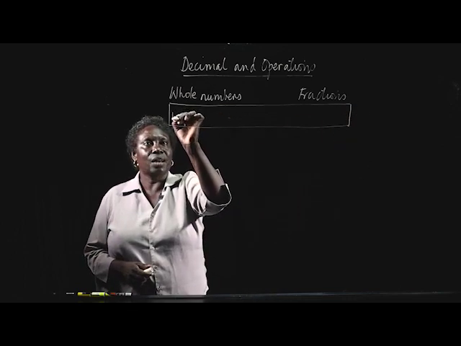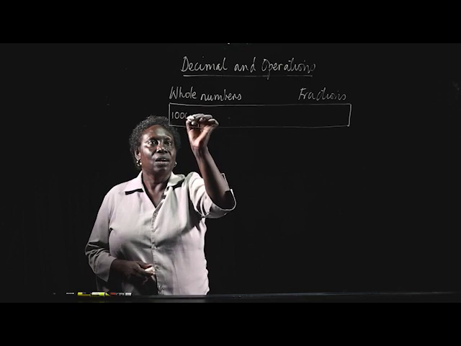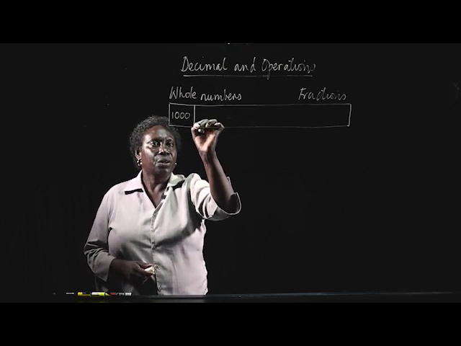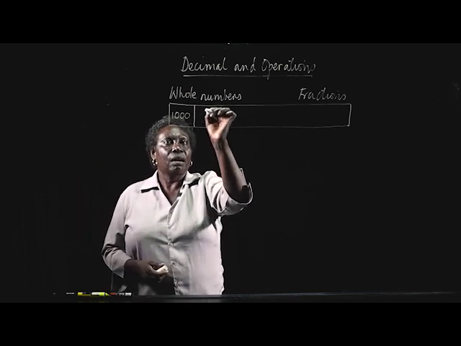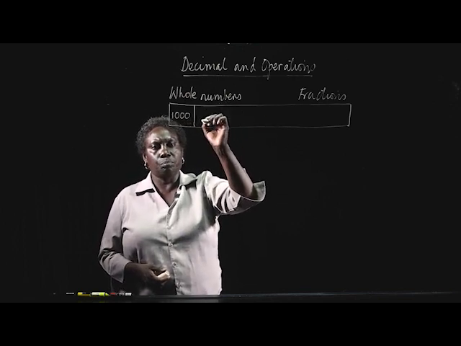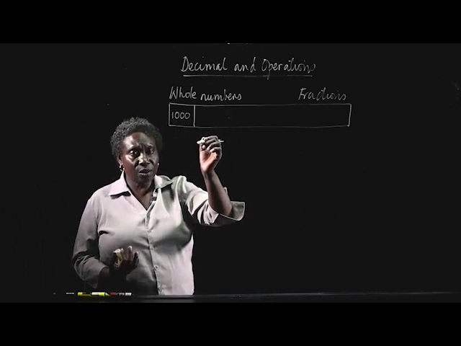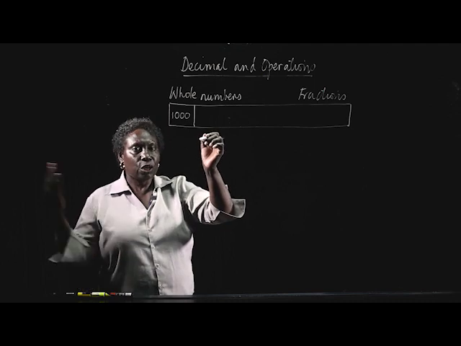I'll start with 1,000 on the left. You can go as far as a million. You can have 10,000, hundreds of thousands to your left.